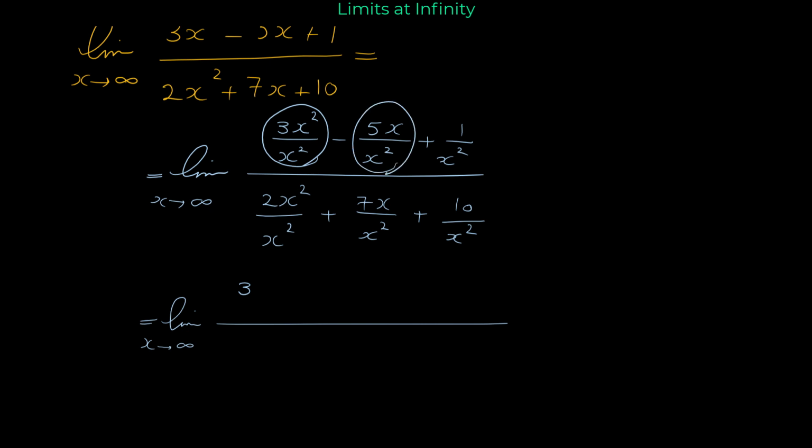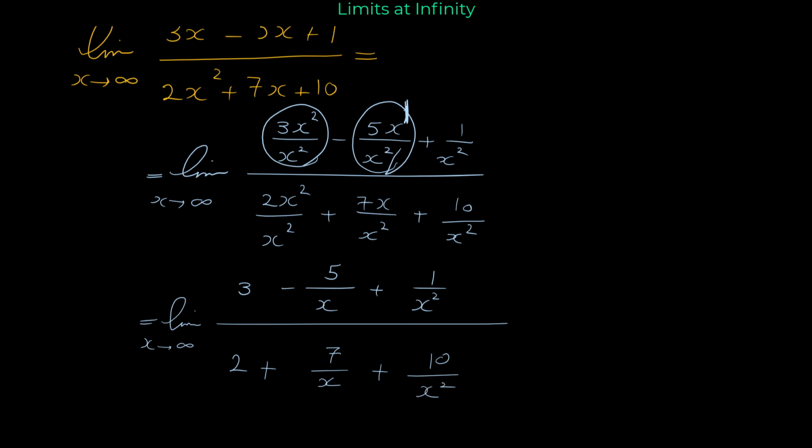Here, the numerator is x to the 1 and the denominator is x^2. x to the 1 with x^2 cancels, leaving only one x in the denominator. We have minus 5 over x. The next term would be the same. It doesn't change. Now look at the denominator. 2x^2 over x^2 is 2. Then 7 over x and 10 over x^2.